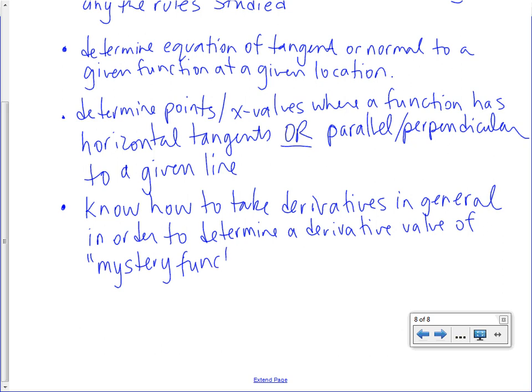What I mean by that, do you remember we did an example last class where it was like, if f prime at 5 is 3, and f at 5 is 7, and f prime at 2 is this, and I give you a whole bunch of values, but you have no idea what the function f or the function g is? If I give you just generic functions, you should be able to apply the rules to generic functions and then just plug and chug to get your values. It's using general functions, not specific functions.